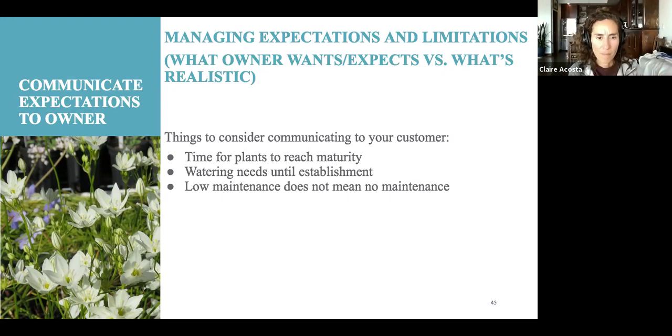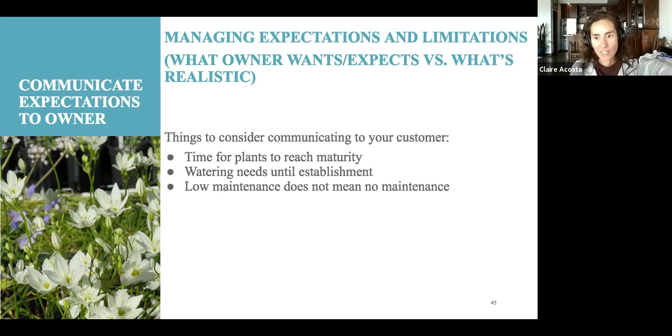And then lastly, low maintenance does not mean no maintenance. A lot of people are under the misconception that native plants, or California in general, is one big desert, so they don't need water, or they don't need maintenance because they're wild and live out in the mountains. You want to make sure they understand there is maintenance if they want their garden to look a certain way.